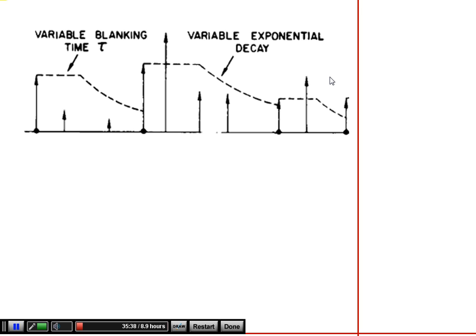Once that time is over, I will start decaying till I find a value that is higher than the decay value. If that happens at the first point, so be it. I will not start the decay, I'll just go up. Clear? Is this clear to everybody?